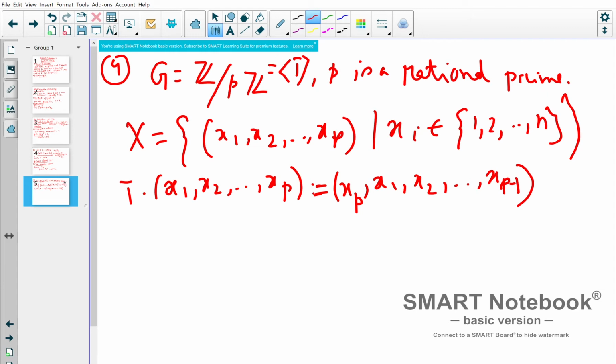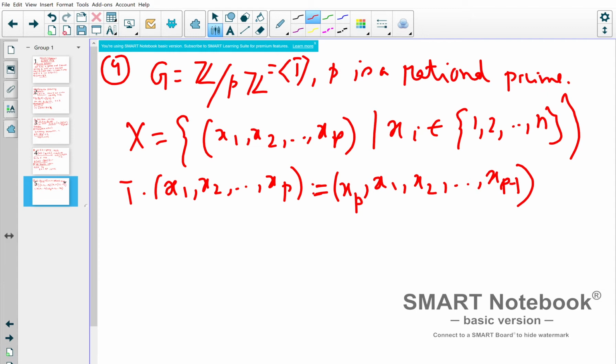And obviously instead of 1 bar, if you choose 2 bar, then it will shift each coordinate by two places. So the first x1 goes to the third place, the second x2 goes to the fourth place, like that. So this is called the shift operator action.